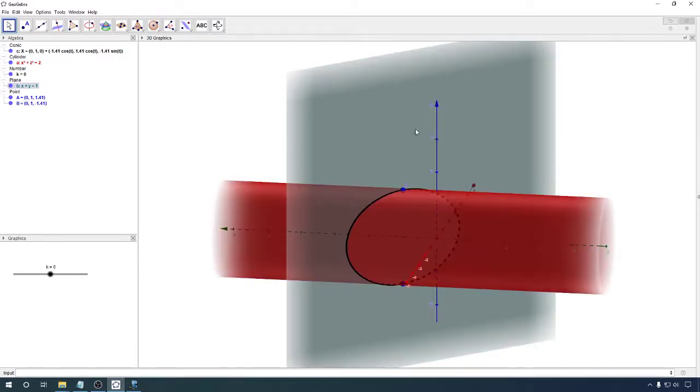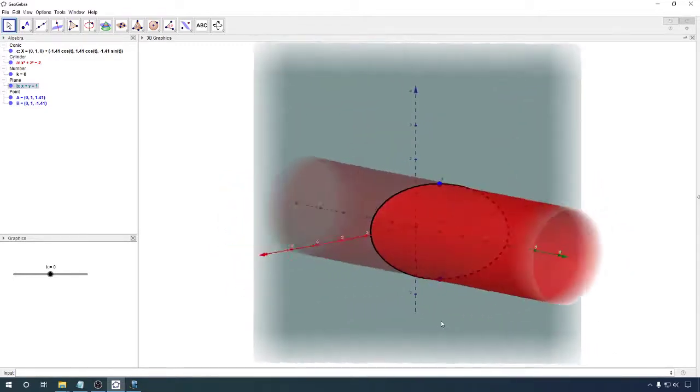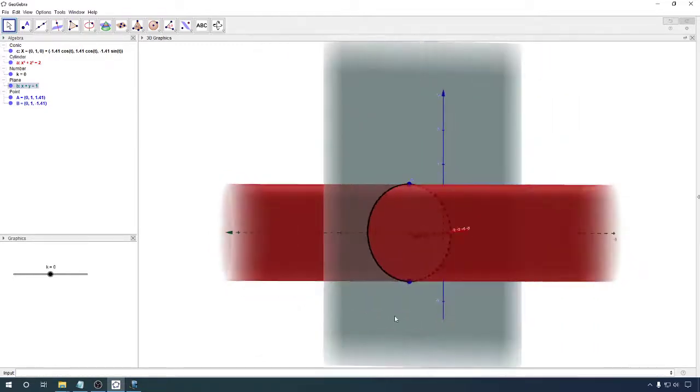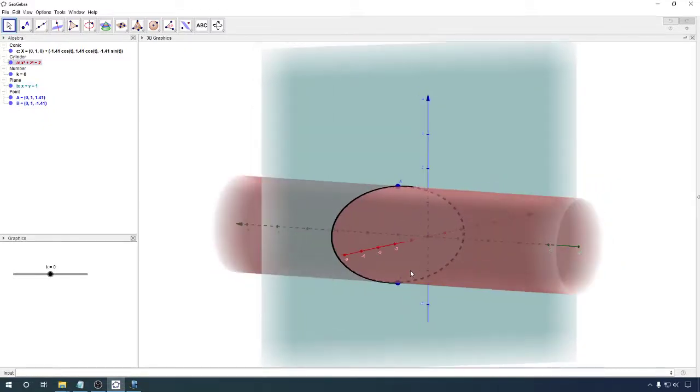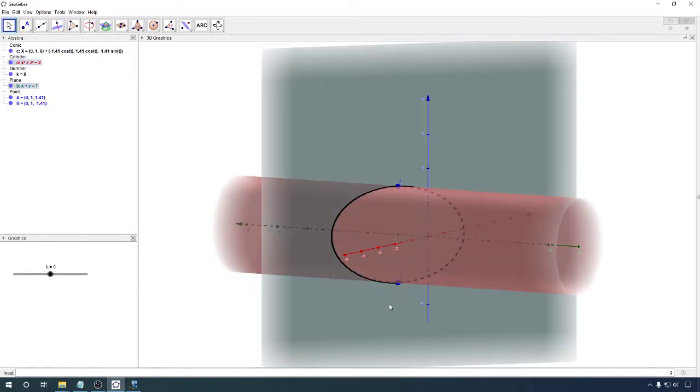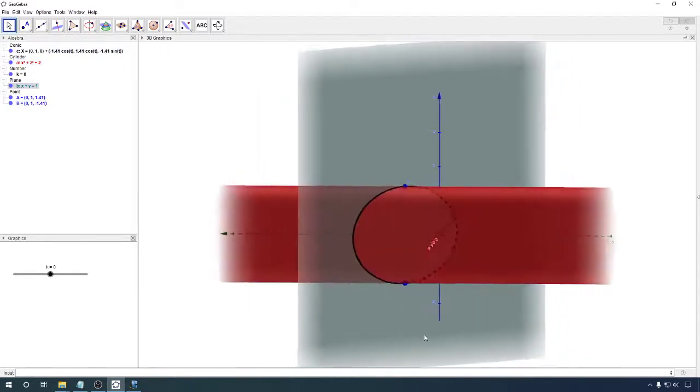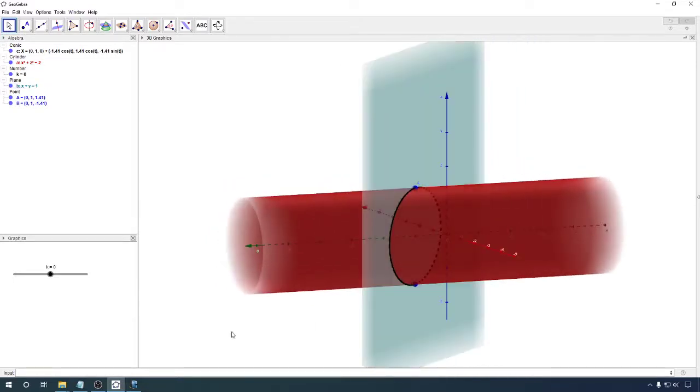Top meaning it's actually the highest z value and lowest z value on the ellipse. But we can see that x plus y plus z is biggest up here, and it gets smaller as it goes down to here. So kind of interesting.